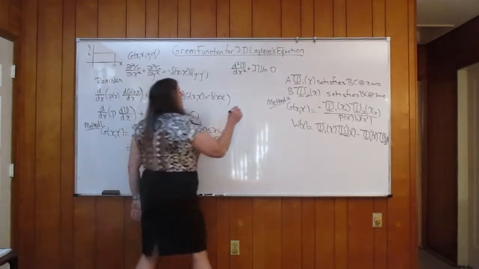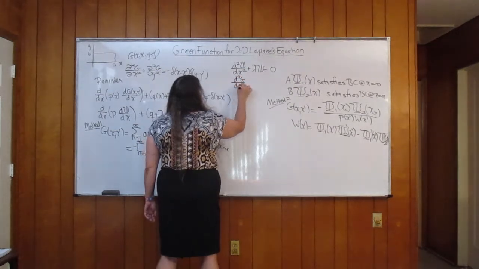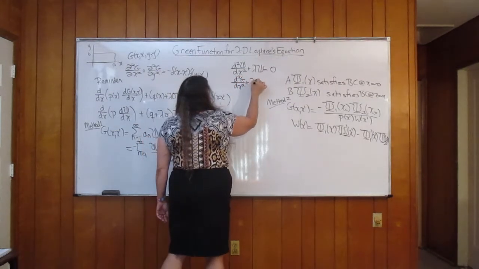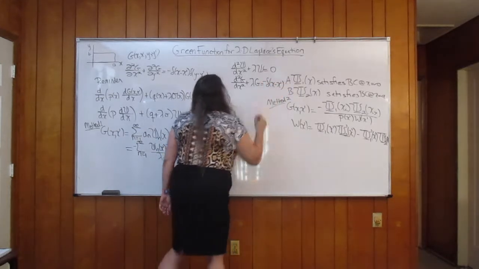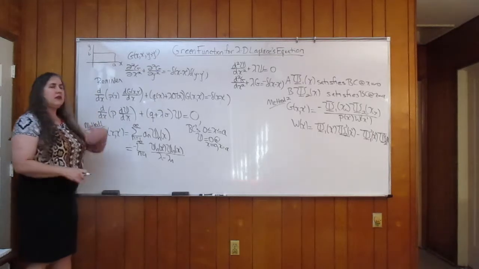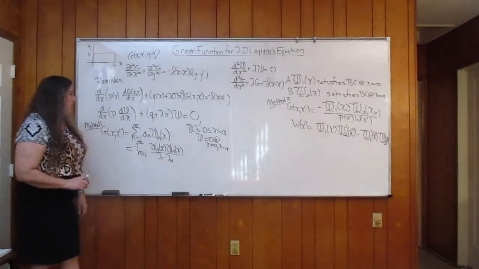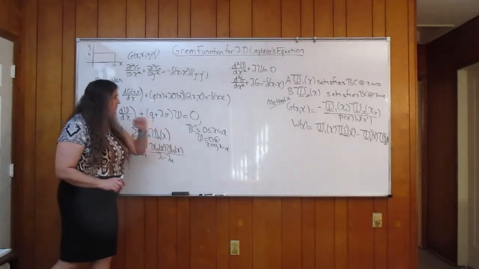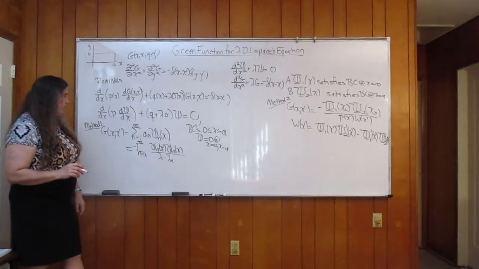And the Green's function counterpart of that equation is the second derivative of the Green's function plus lambda times g equals minus delta function of x minus x prime. Okay, so specifically we're looking at this problem, this region of space.